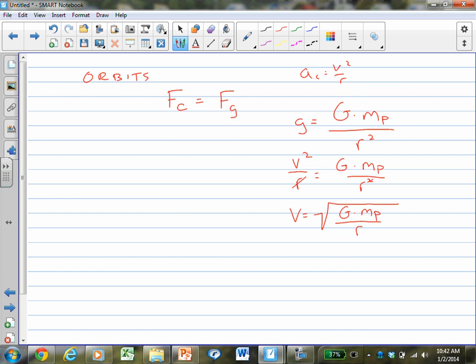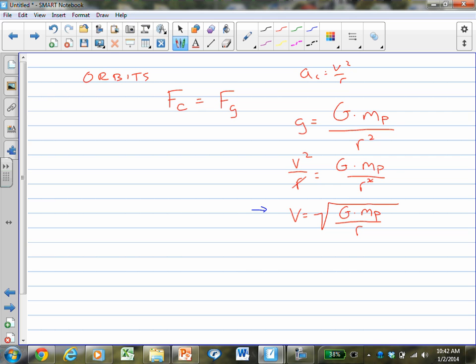Okay? Now, on Earth, of great interest is the geosynchronous orbit, where the period of the satellite is the same as the period of the planet that it orbits. That's important because, as we know, the Earth turns on its axis.